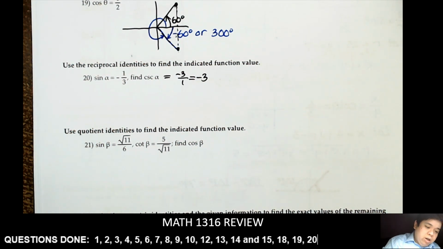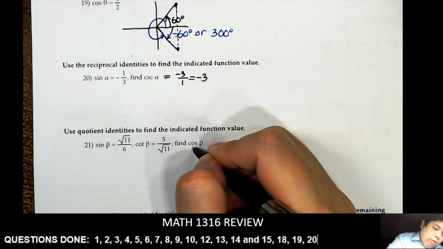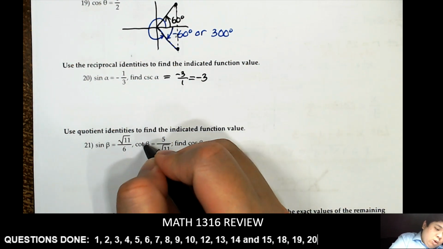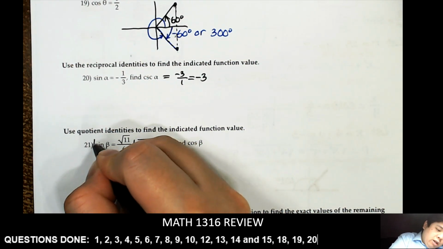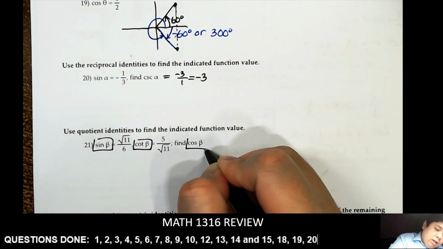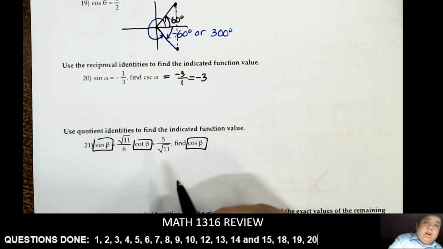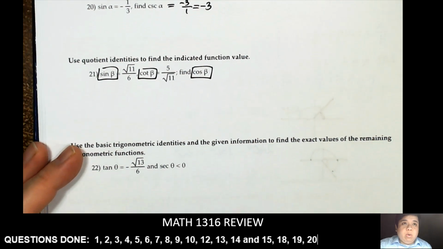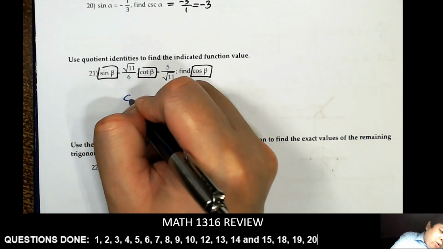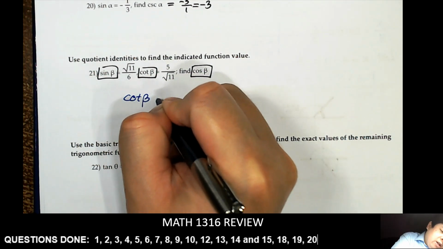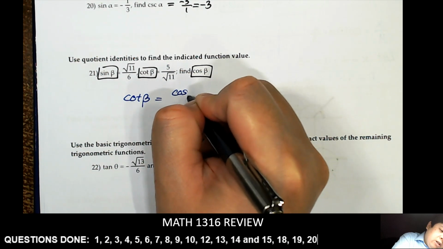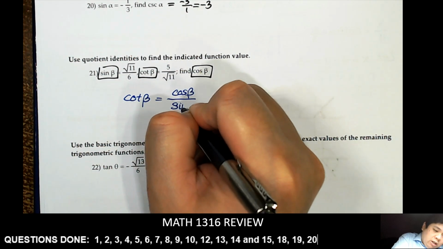Next, we have the quotient identity to find cosine. So we have cosine, sine, and cotangent. The ratio that relates all of them is cotangent is equal to cosine over sine.